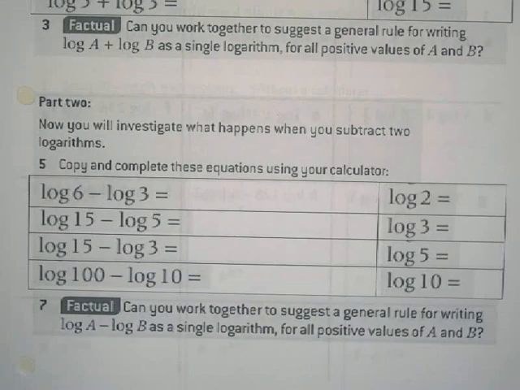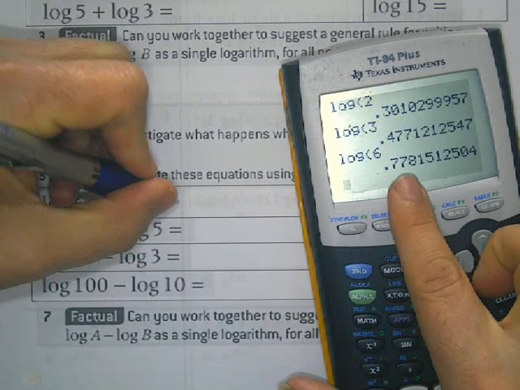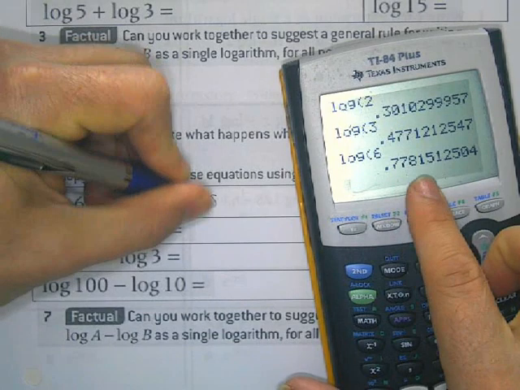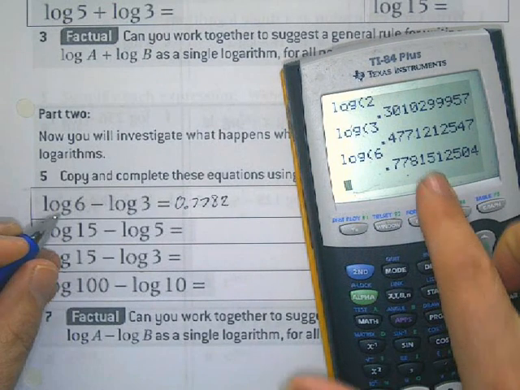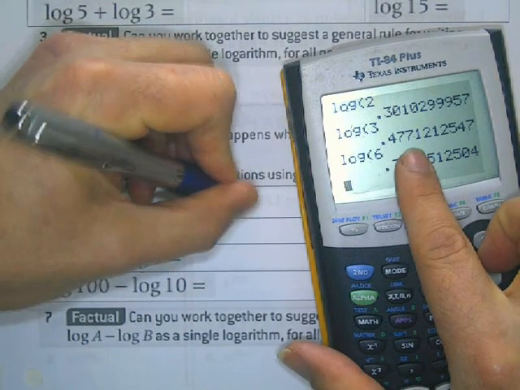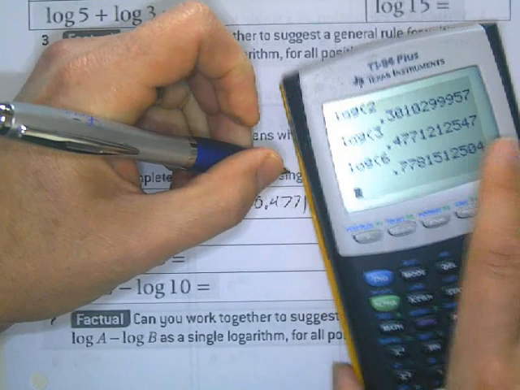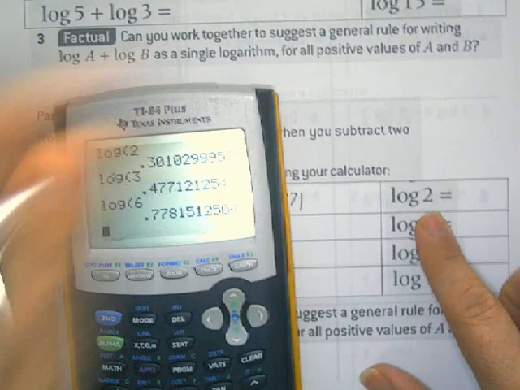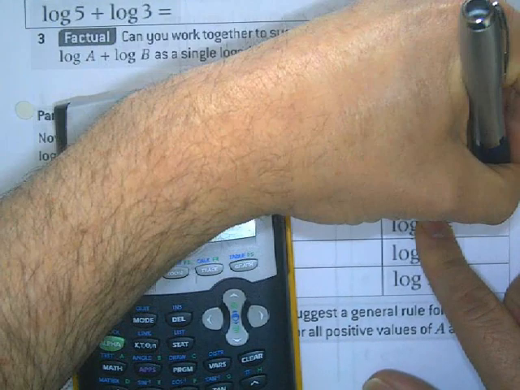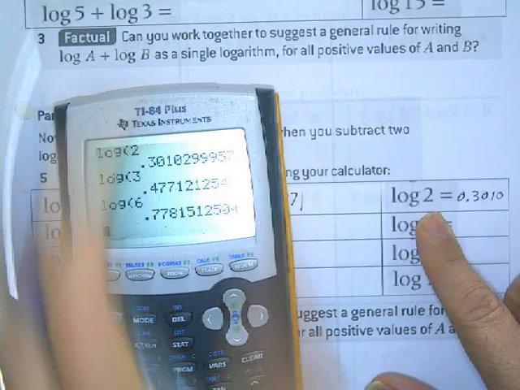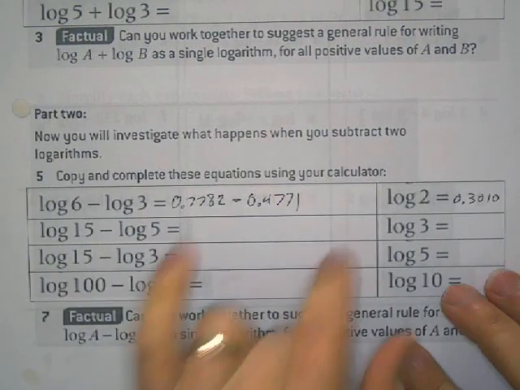Okay, let's do part 2 of our investigation now. If I go in my calculator and type in log 6, we know log 6 is 0.7782, and log 3 is 0.4771, and log 2, we already know, is 0.3010. You should hit pause and try to do the next few yourself.